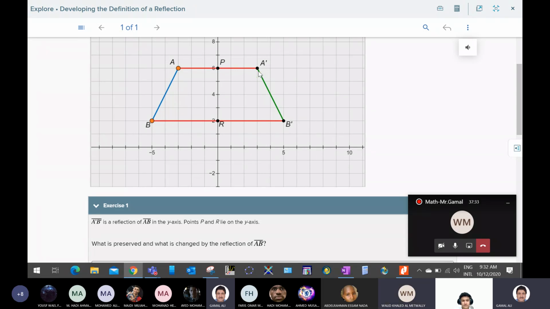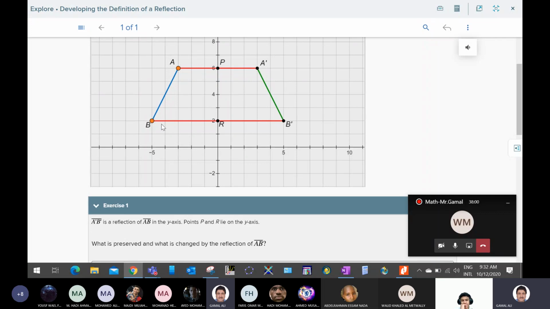We are talking about the distance from the point to the y-axis and the distance from the image to the y-axis. Do they have the same distance or not? Yes. So we can say A and A dash are equidistant. Equidistant means they are lying at the same distance from the axis of the reflection.